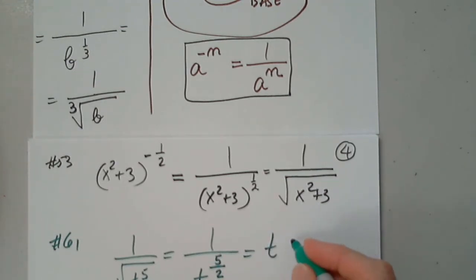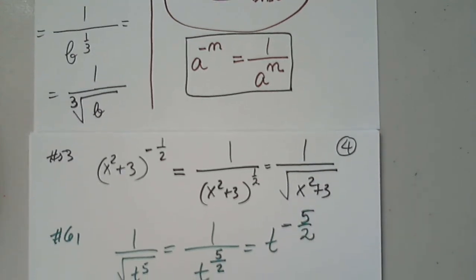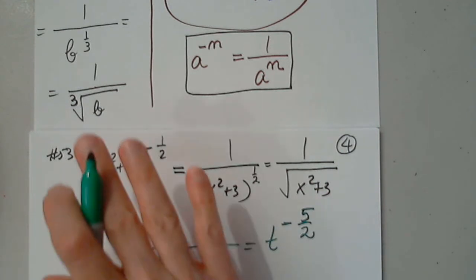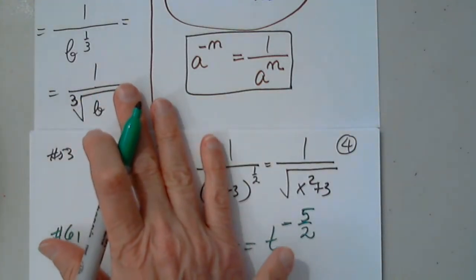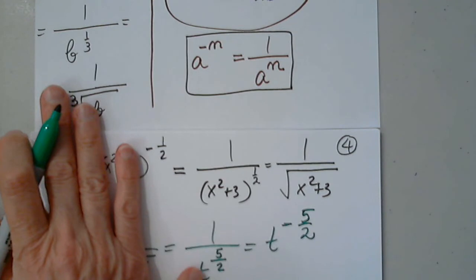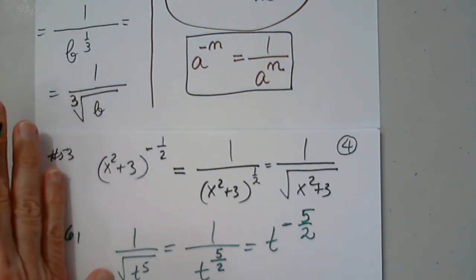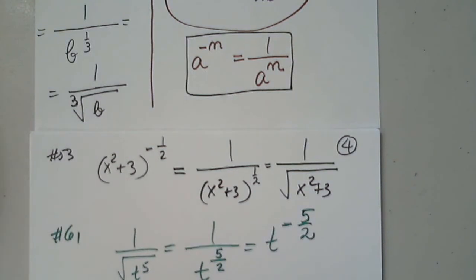But which power? -5 over 2. Perfect. You can always go backwards and say, what is this? Well, it's 1 over t to 5 halves. What is t to 5 halves? Well, it must be the square root of t to the 5th. Exactly as we did it before. Now, tell me if we want to simplify any of these.